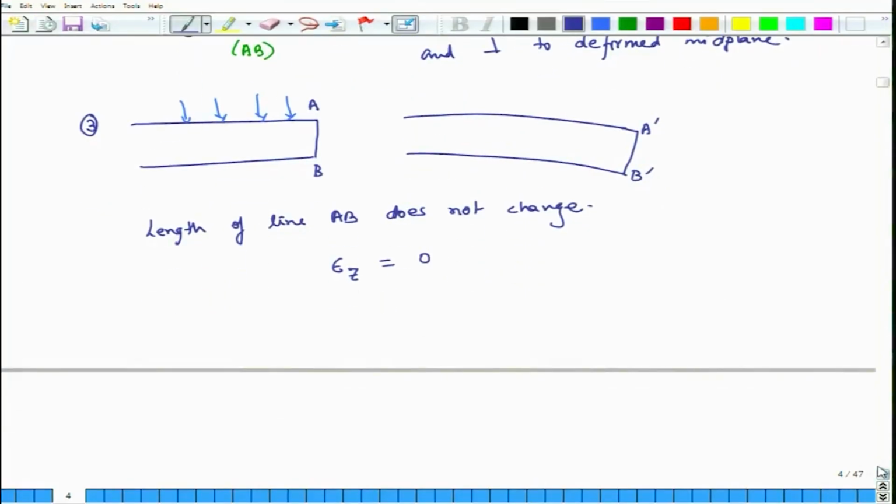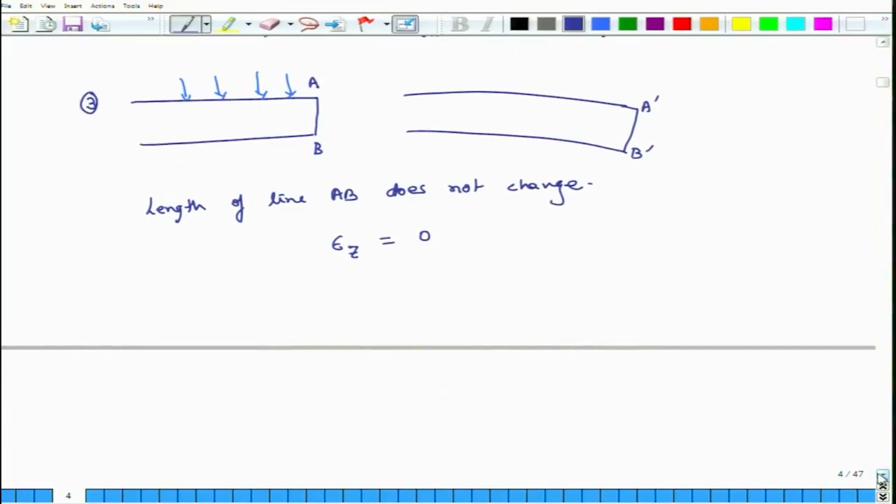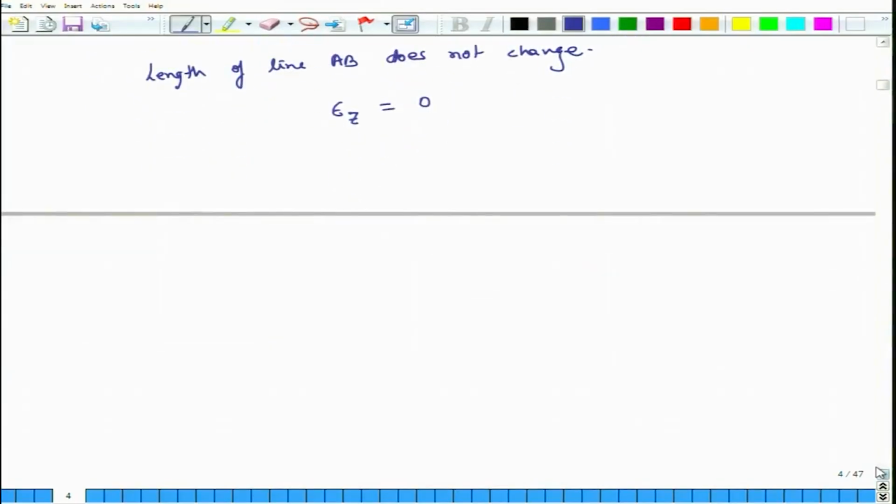Based on these assumptions, we will now develop strain displacement relations in a laminate.